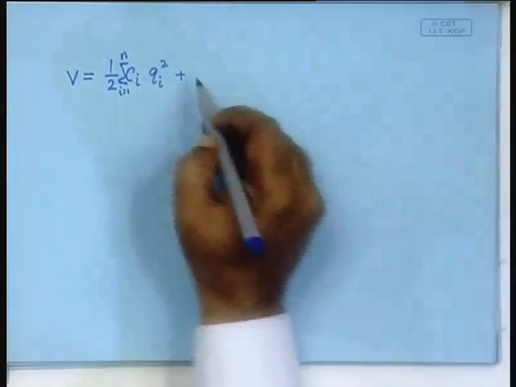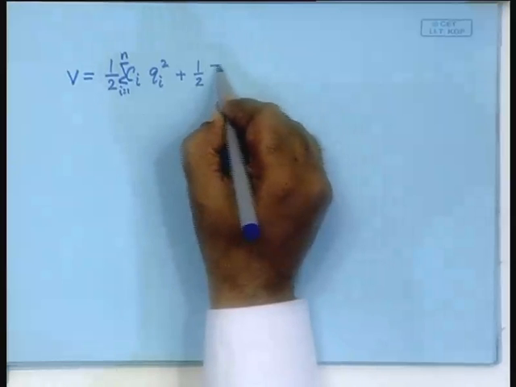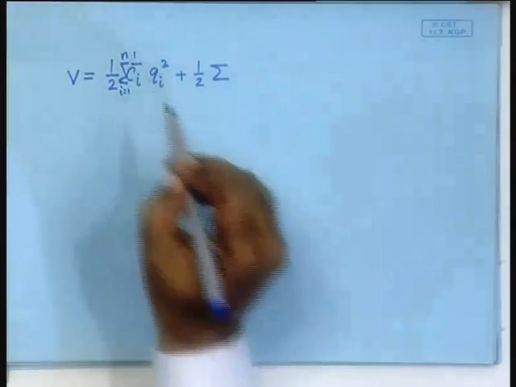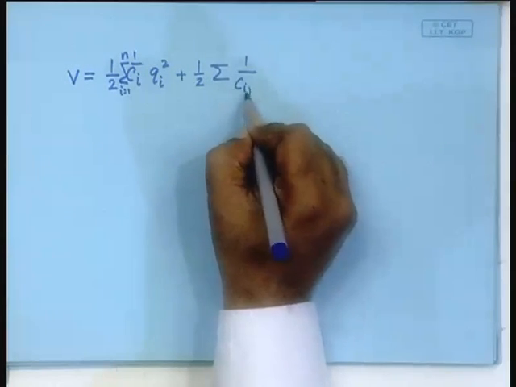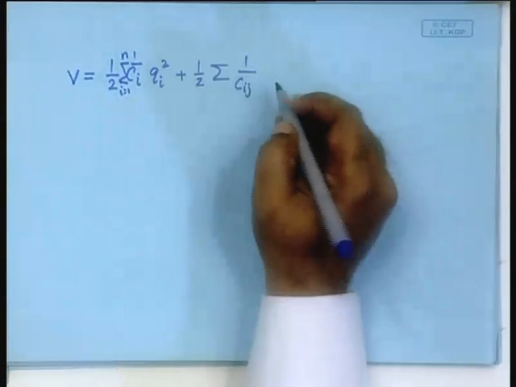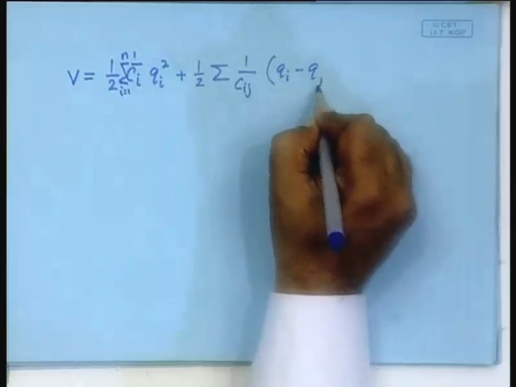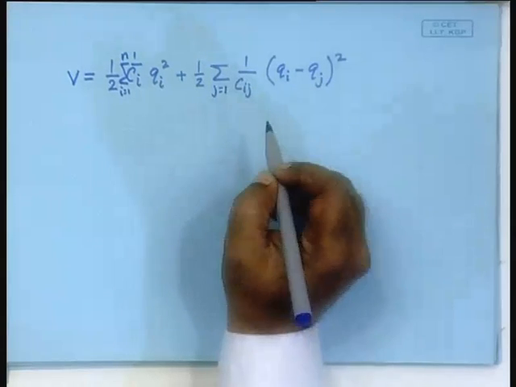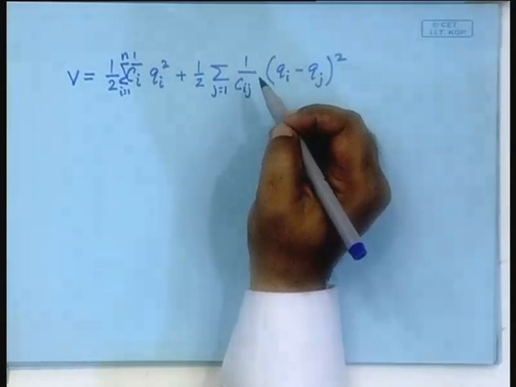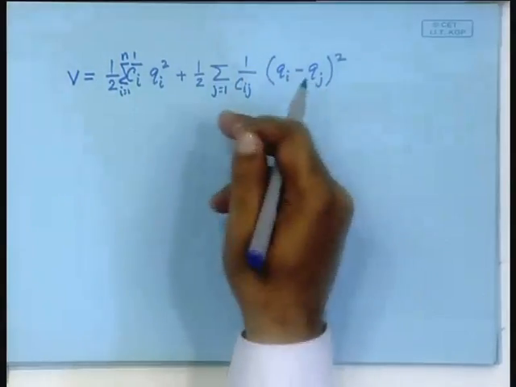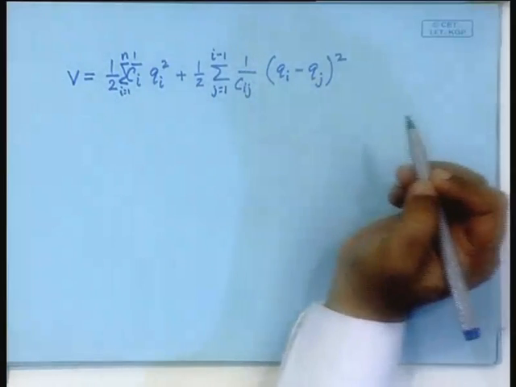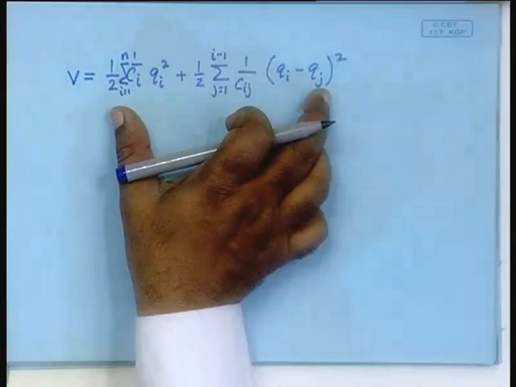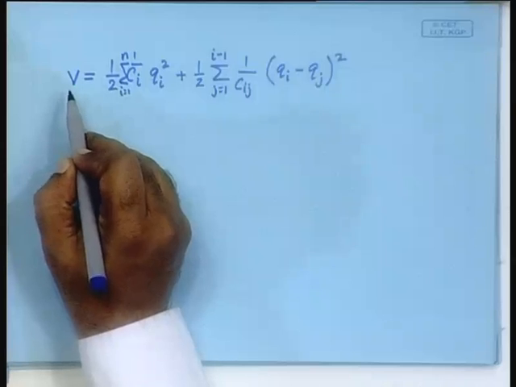So, that will have to be written as again half, we will have to sum over something, I will write that later, 1 by C_ij, and this is a mutual branch, so this will be (q_i minus q_j) squared, summed from j equal to 1 to i minus 1, because I am not considering the self one. All right, so that exhausts the energy stored in the capacitors.